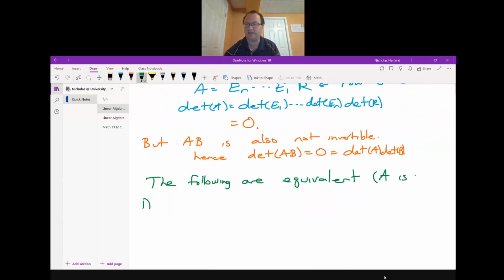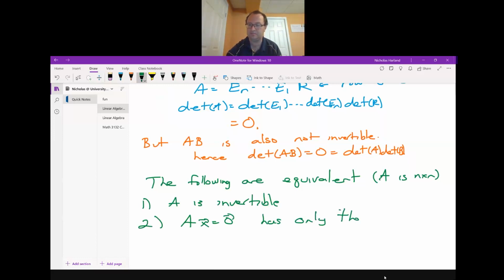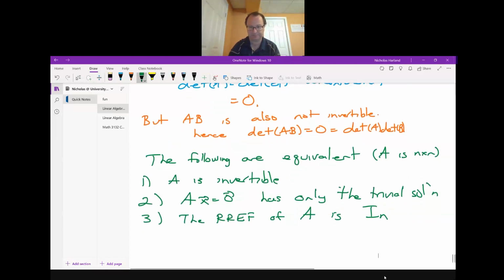If A is n by n, A is invertible. AX equals 0 has only the trivial solution. The reduced row echelon form of A is I, technically the n by n identity matrix.